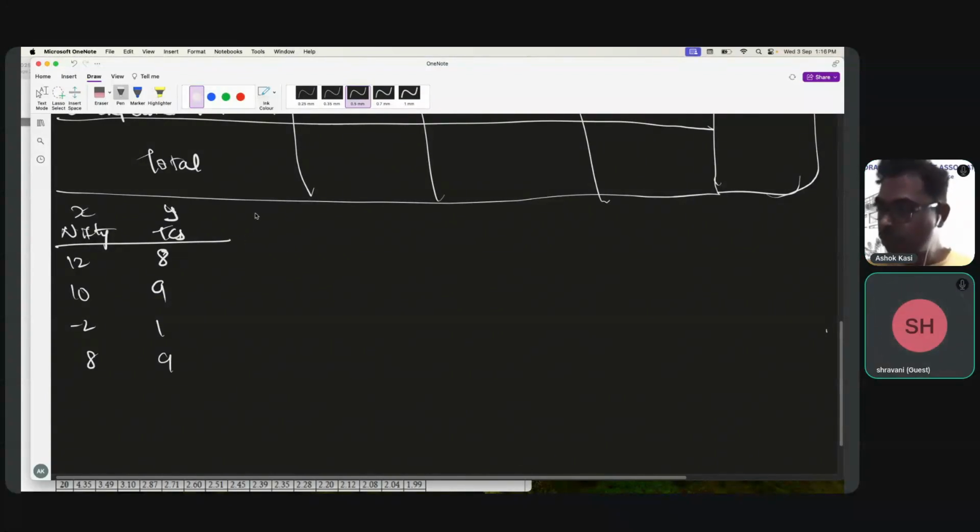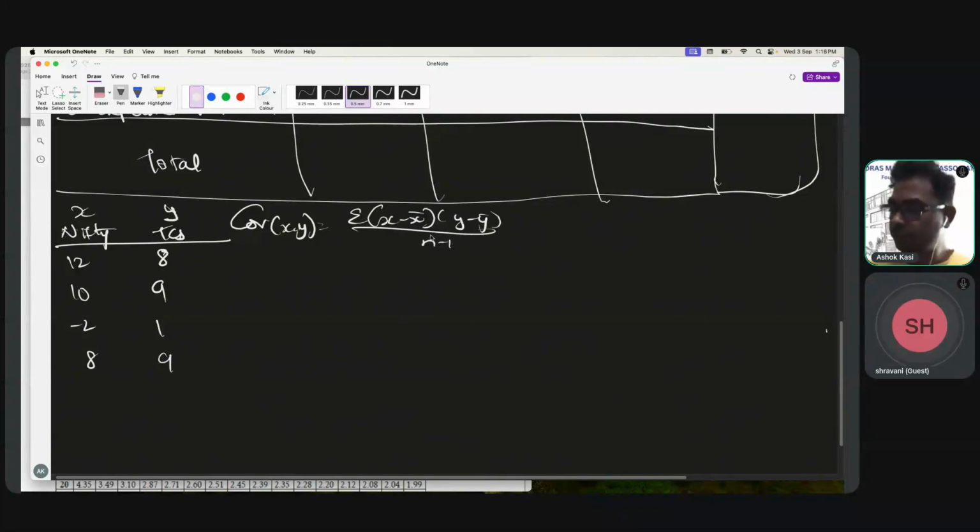So now r is equal to covariance divided by standard deviation of x into standard deviation of y. For covariance, summation of x minus x bar into y minus y bar divided by n minus 1.